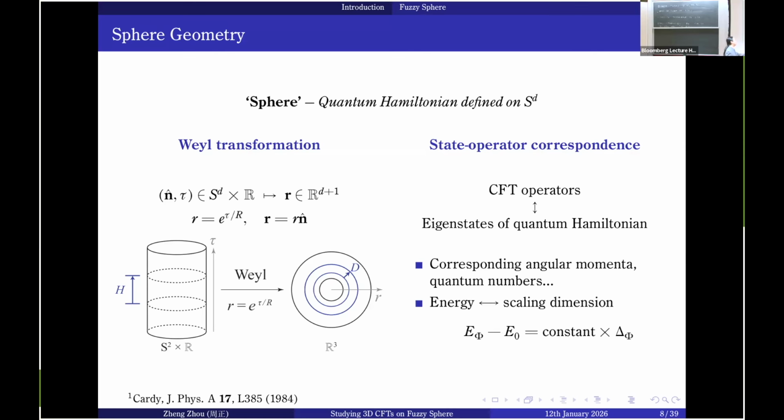A very important one is the state-operator correspondence, which says that each CFT operator has a 1-to-1 correspondence to an eigenstate of the quantum Hamiltonian that describes the CFT on a sphere. The state and the operator have corresponding angular momentum and corresponding quantum numbers.